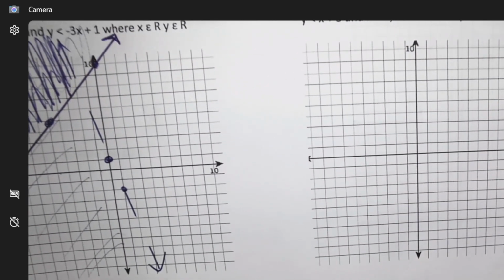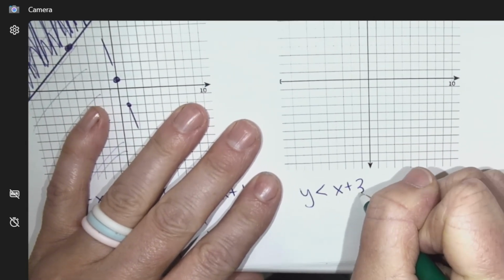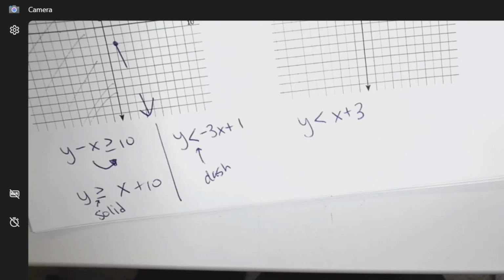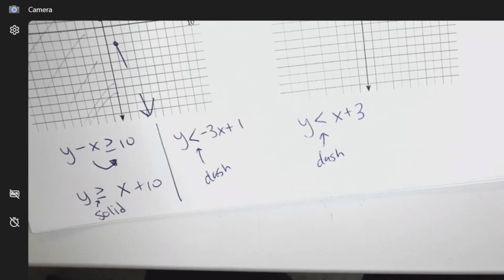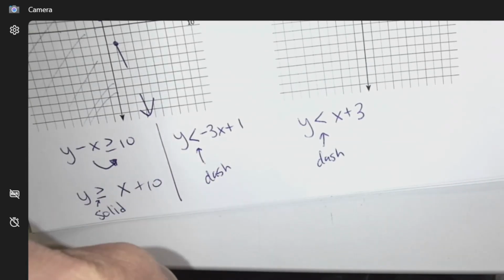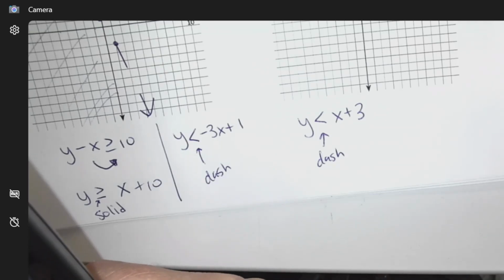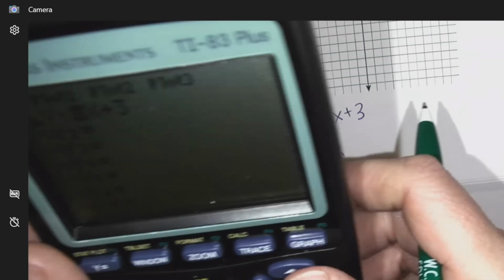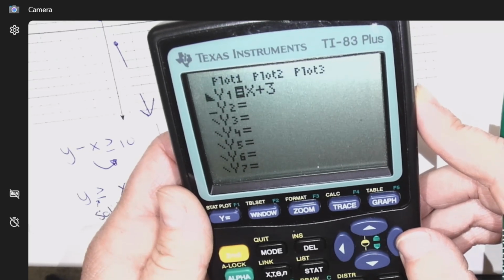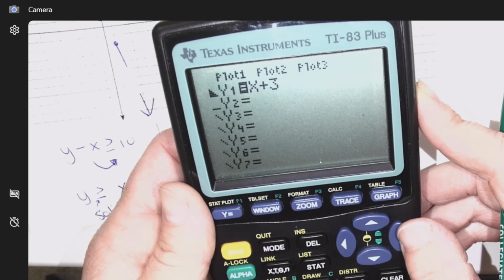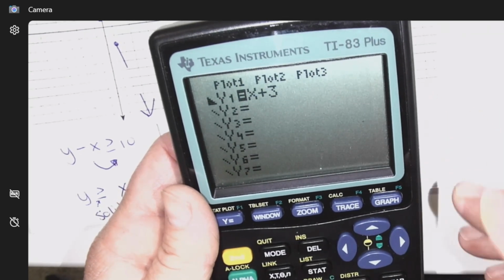Okay, last question. Okay, first line is ready to go. It's going to have a dashed line because you can only be less than it. You can't be on it. So here is what my calculator looks like. Okay, graph.